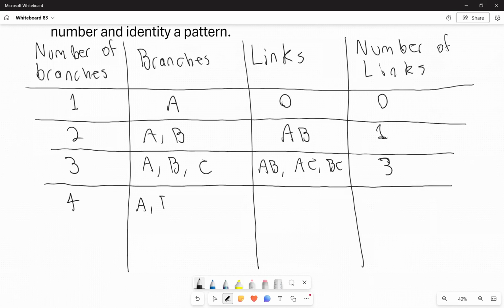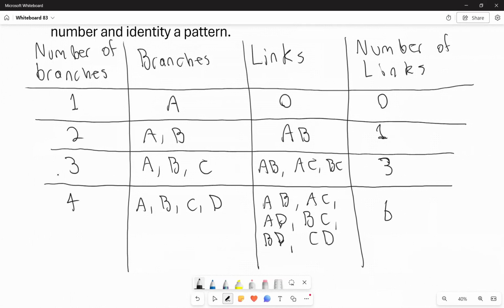The branches are A, B, C, and D. So the links are going to be AB, AC, AD, and those are the links with A. AB is the same as BA, so the next ones are BC, BD. Then CA is the same as AC, CB is the same as BC, so the last one is going to be CD. There's a total of 6 links.